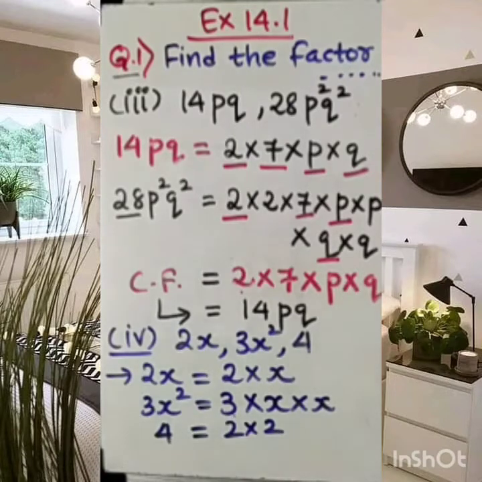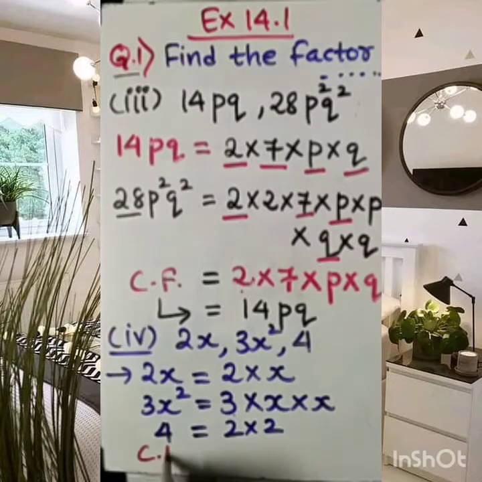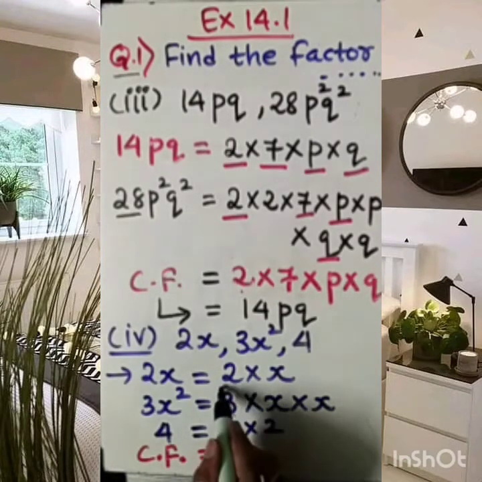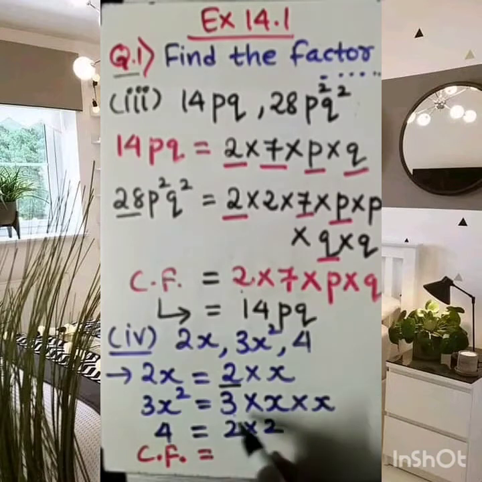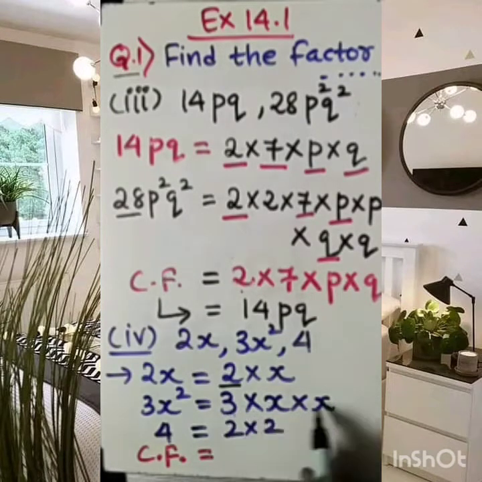So, my dear student, let's take out the common factor. Common factor, CF in short, I am mentioning here. Which common factors are there? Observe carefully. Of course here 2 is common, but there is no such 2 in this, so we can't take out 2 as common.